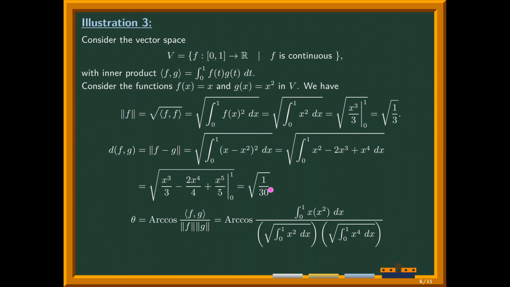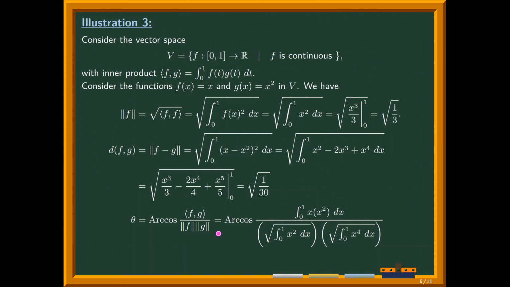We can also compute the angle between f and g using the formula indicated in the first slide. So theta is the arc cosine of the inner product of f and g divided by the product of the lengths of f and g.